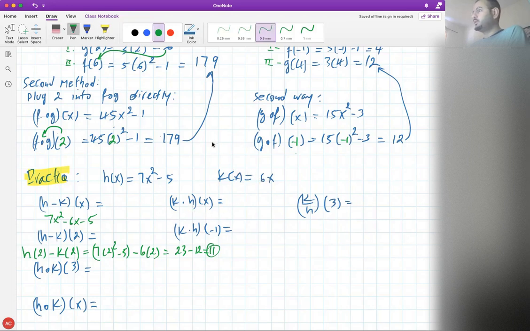So basically this times this times this, that's 42x to the third, minus 6x times 5, that's 30x. Right, 30x. Now the other one, k times h of negative 1. What did you guys get from this one?